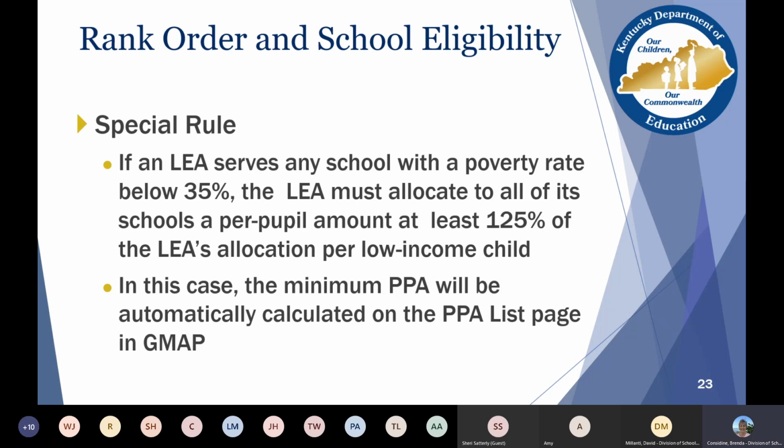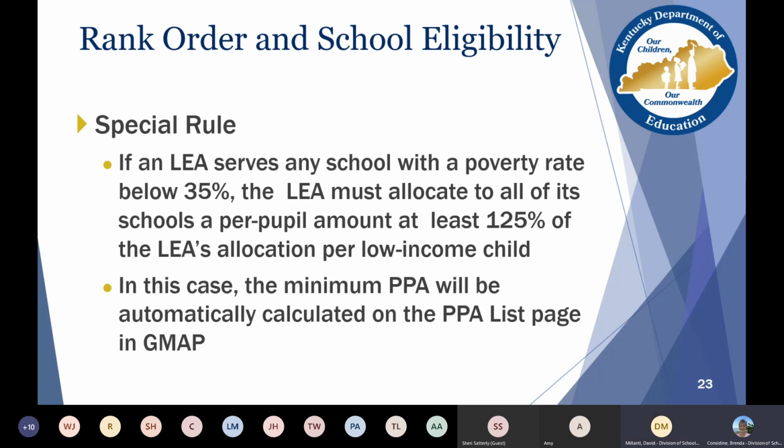And in this case, the minimum PPA will be automatically calculated on the PPA list page for you in GMAP. So if you are going to serve any school that is below that 35% poverty rate, then you must make sure that you follow those guidelines, and it will be calculated for you on the list page in GMAP.